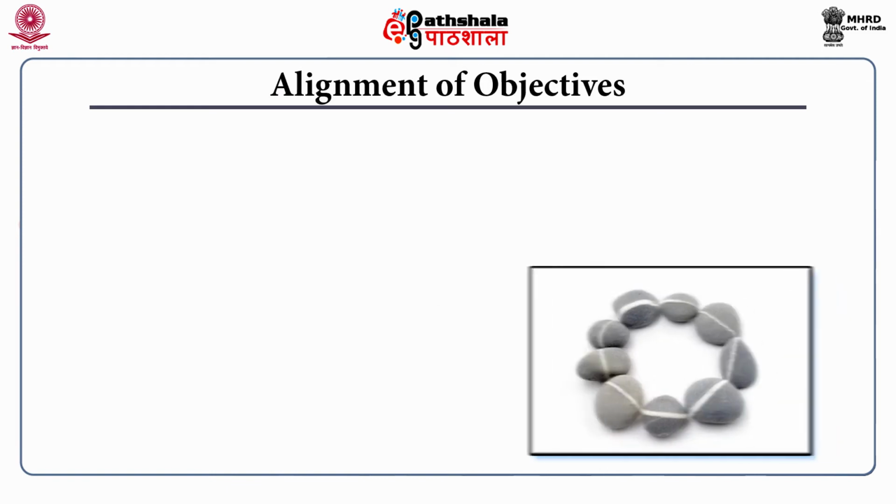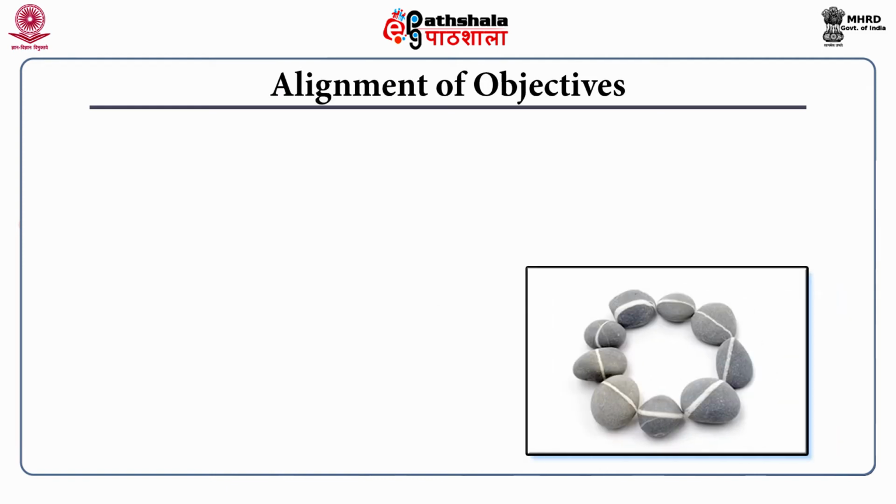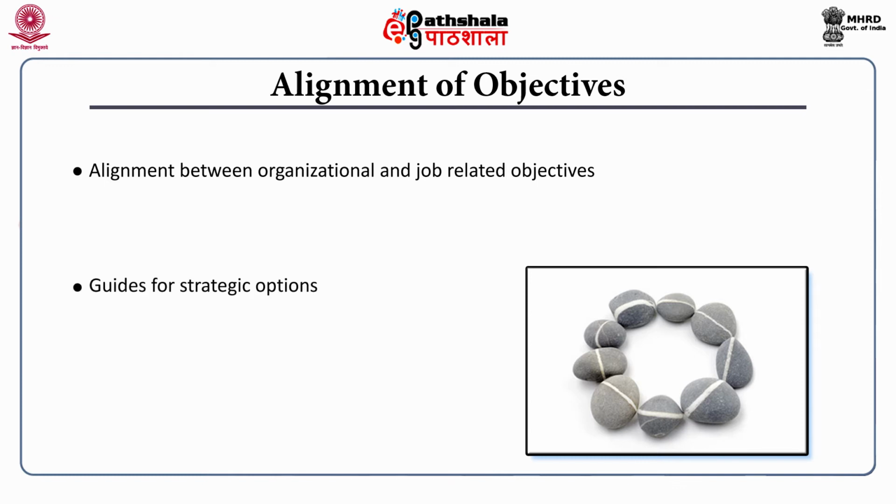Alignment of objectives. Through performance management system, organizational objectives are aligned with the individual job relative objectives. It involves understanding of organizational goals, which in turn helps in deciding various strategic options. Broader organizational goals guide whether to opt for expansion, stable or retrenchment strategies.